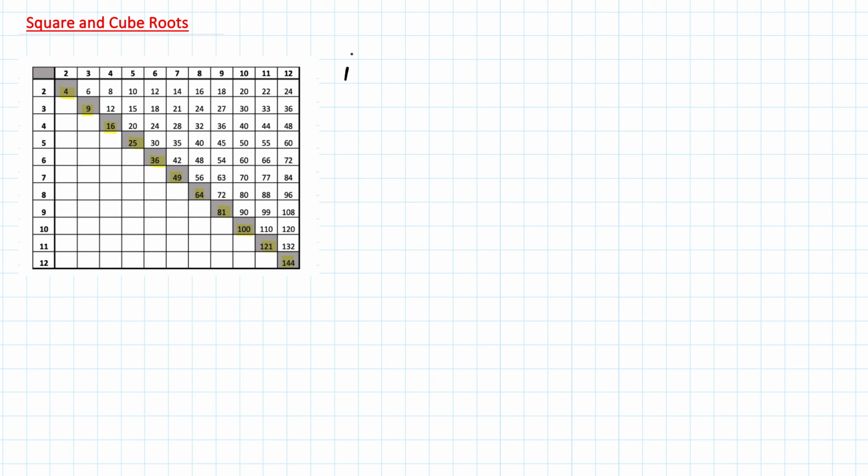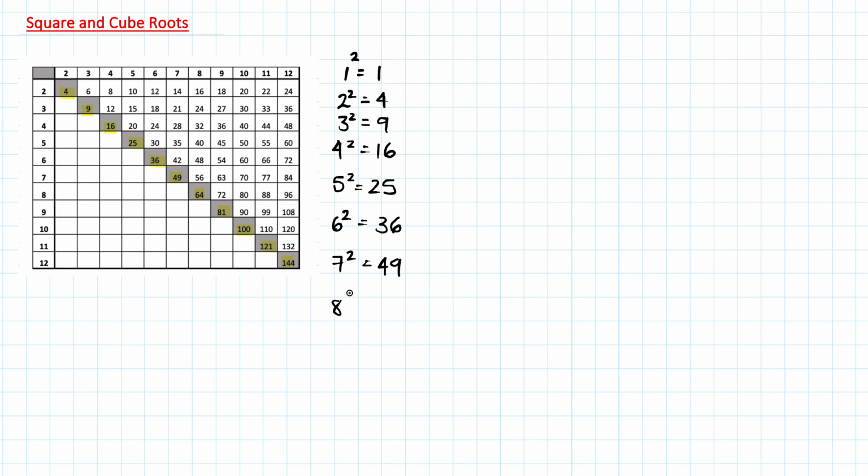If I have 1 square, it's going to be 1. 2 square, 4. 3 square, 9. 4 square, 16. 5 square, 25. 6 square, 36. 7 square, 49. 8 square, 64. 9 square, 81. 10 square, 100. I'm going to stop here.